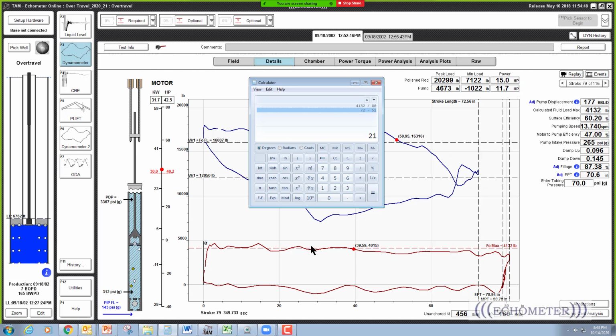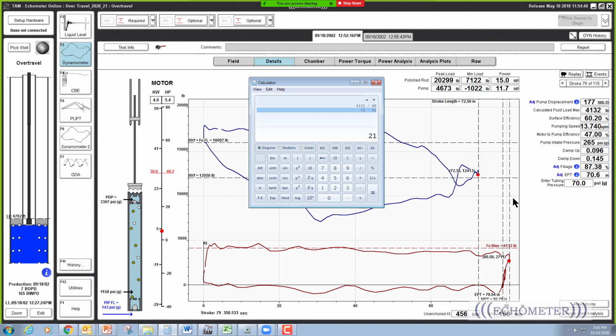The over travel is the surface stroke in inches minus the static stretch, and then that distance subtracted from the total pump stroke is additional over travel from the pump card. So this pump card has almost 60 inches, unless I did something wrong. 60 inches of over travel. Wow.